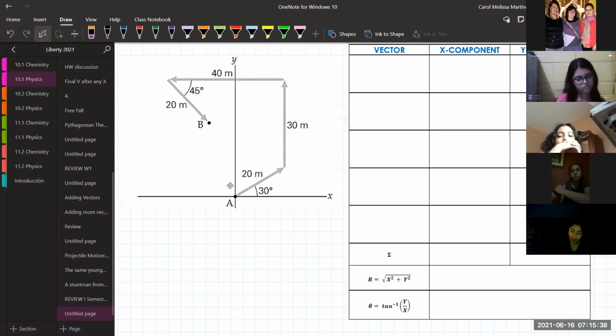I like to call them with letters. Even though my points are indicated to be A and B, I'm going to be using letters for the vectors. I'm going to call the first vector M. I don't know why M, but I don't want to call it A because this point right here is named A, so I'm not going to call it with the same name.